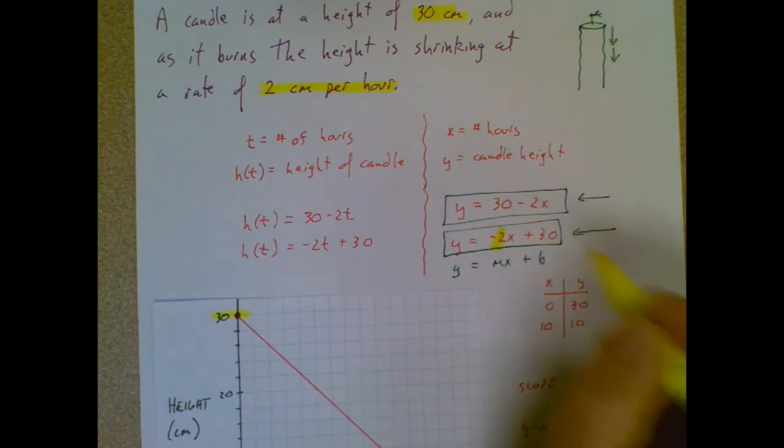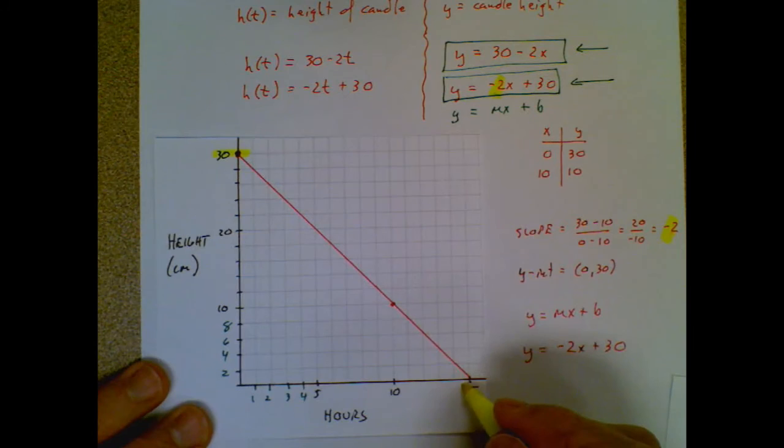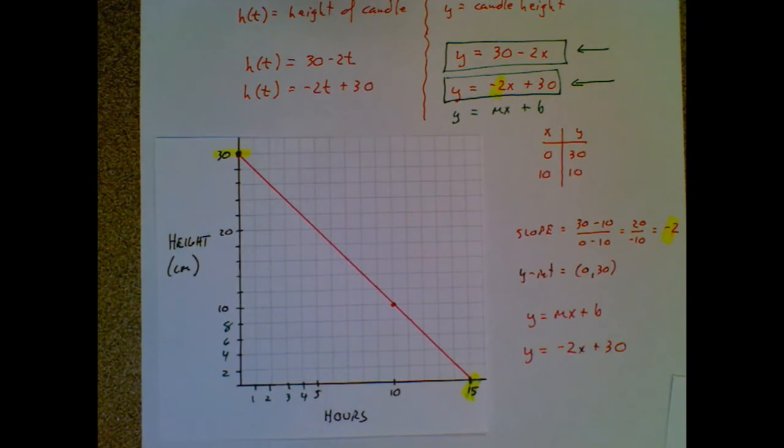My slope mattered in the problem. And if you want to get even more in depth, there's my x-intercept, and that means something in the context of this problem. That would be, after 15 hours of burning, my candle would now be burnt down to a height of 0.